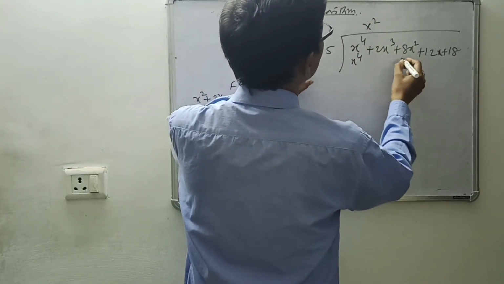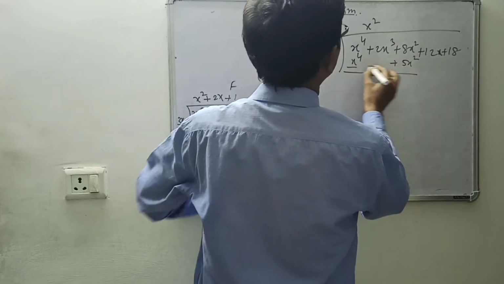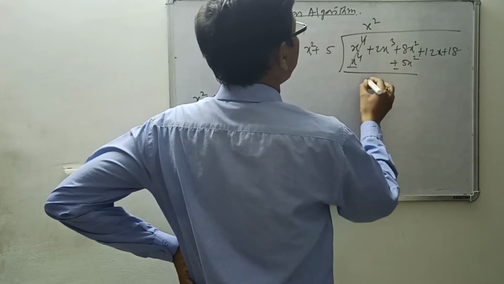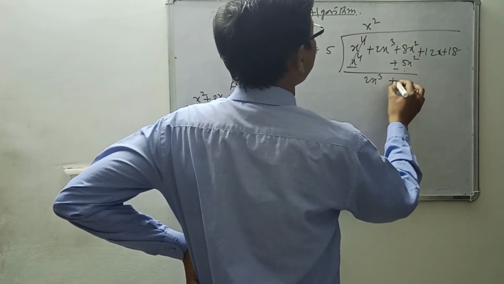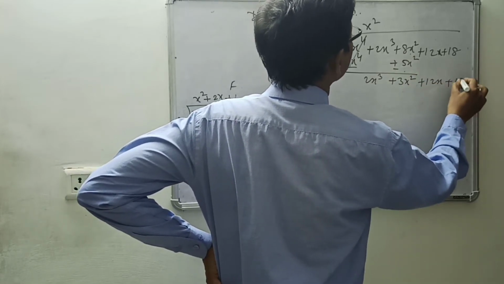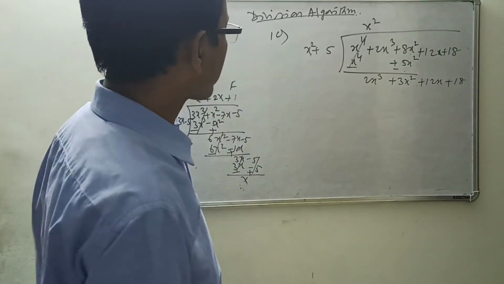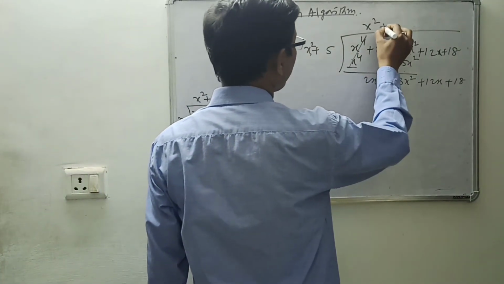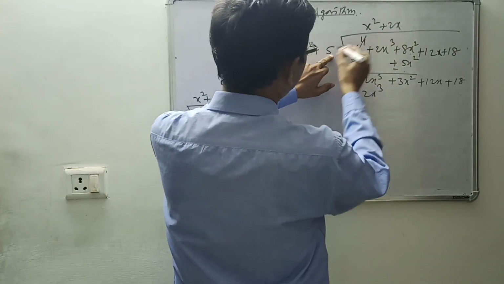It will be x4 plus 5x square. Like this, 2x cube plus 8x square minus 5x square, plus 3x square plus 12x plus 18. Again plus 2x cube, means you need 2x to multiply: 2x cube, 2 fives are 10x.